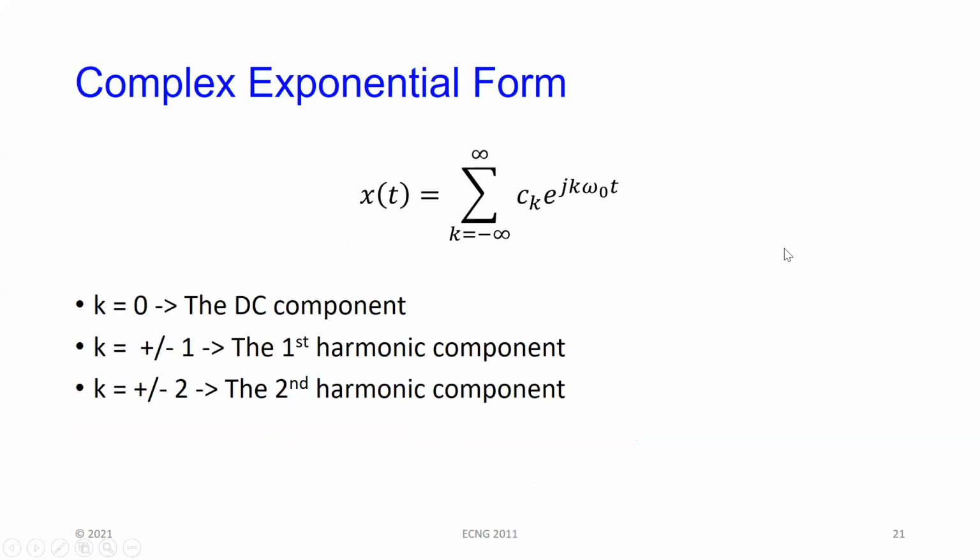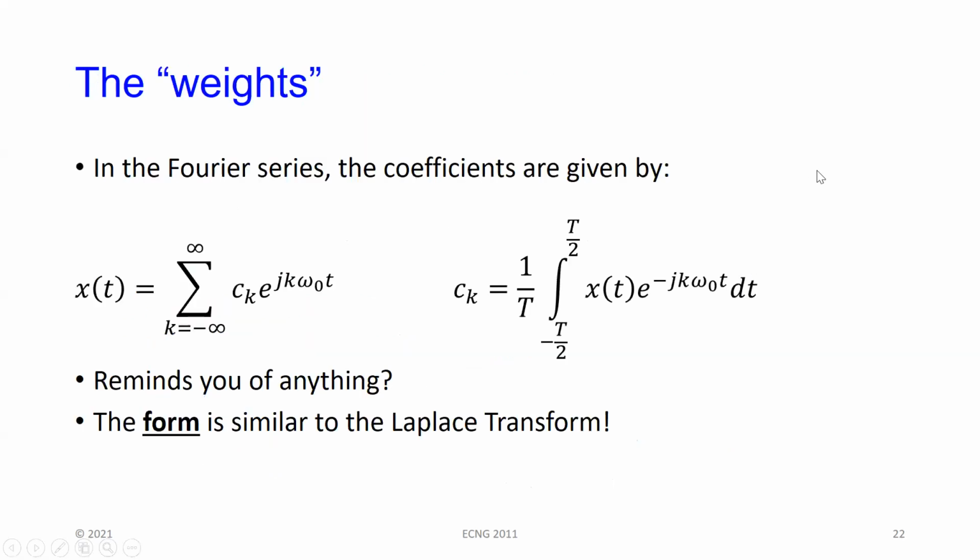And again, in the complex exponential form, k equal to 0 is the DC or the zero frequency harmonic. k equal to plus or minus 1 is the first, k equal to plus or minus 2 is the second, and so we go on.